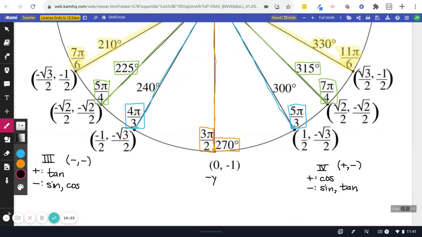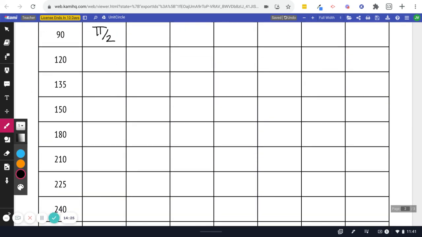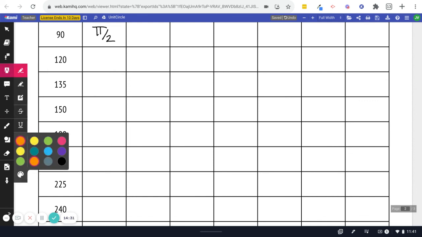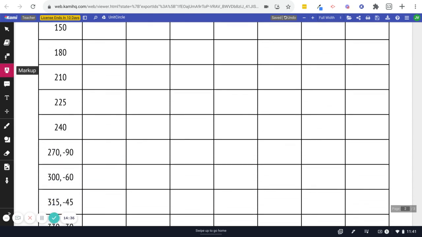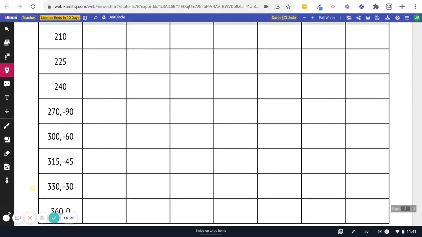Let's do another one for fun. Let's say I wanted to know 330, and I want to know the sine.